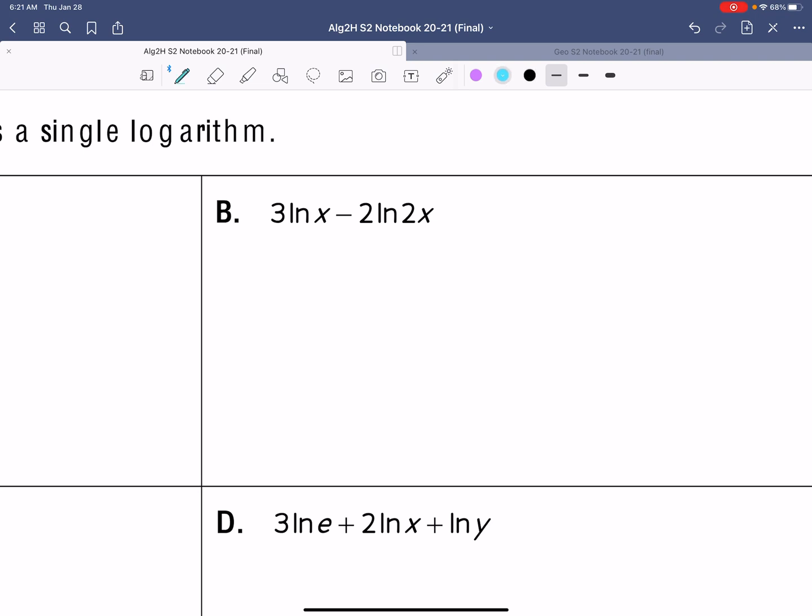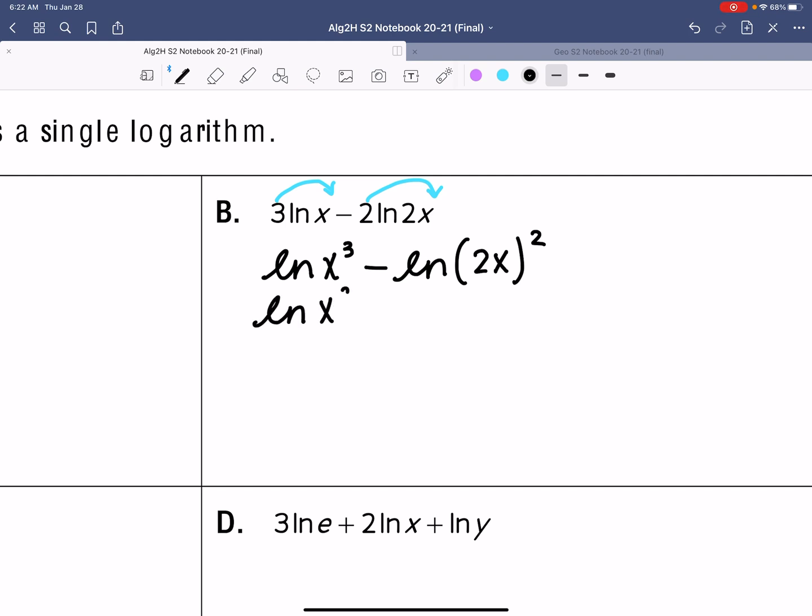All right, let's go ahead and try the next one. So again, step 1, move our exponents back. So we're going to end up getting ln of x cubed minus ln, be careful, this whole 2x is being squared. Everything inside that natural log is being squared. So we're going to have natural log of x cubed minus natural log, 2 squared is 4, x squared is x squared.